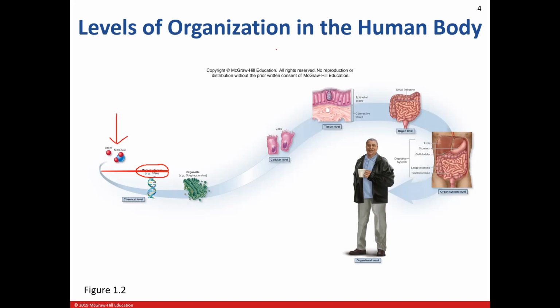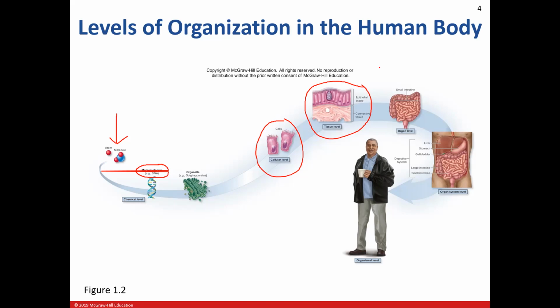Then we'll talk about the cell as a whole, in chapter 4. Then we get to the tissue level, when we grab a whole bunch of similar cells that perform a common function. That's chapter 5. When we add different types of tissues to one another, we wind up with an organ.